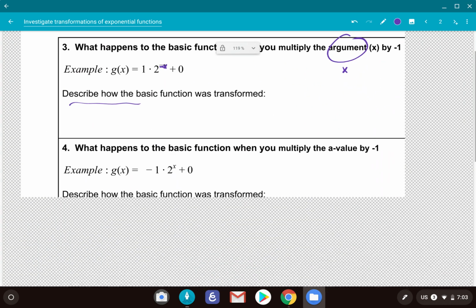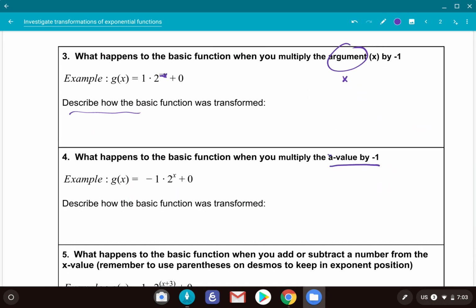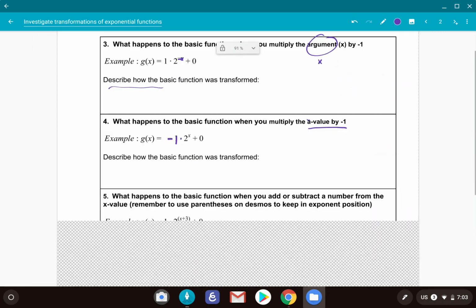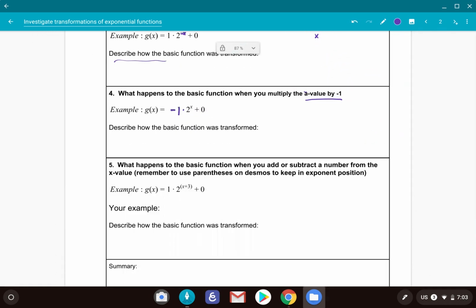Describe what happens. When you multiply the a value by -1, so all you're doing is changing that a value to -1, what happens? And the last thing, what happens when you add or subtract a number from the x value? I don't know what happens. You investigate and decide what happens, and then you describe it.